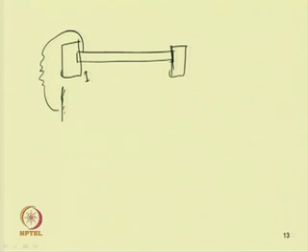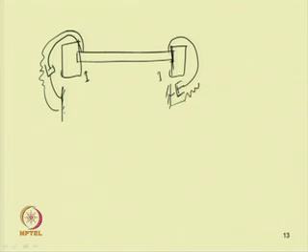Similarly, this side also one can take a spring and damper and let I be the moment of inertia. So, this is the damping element, and one can have a spring element also, a torsional spring element. In this case, let this torsional spring element be KT and damping element CT.